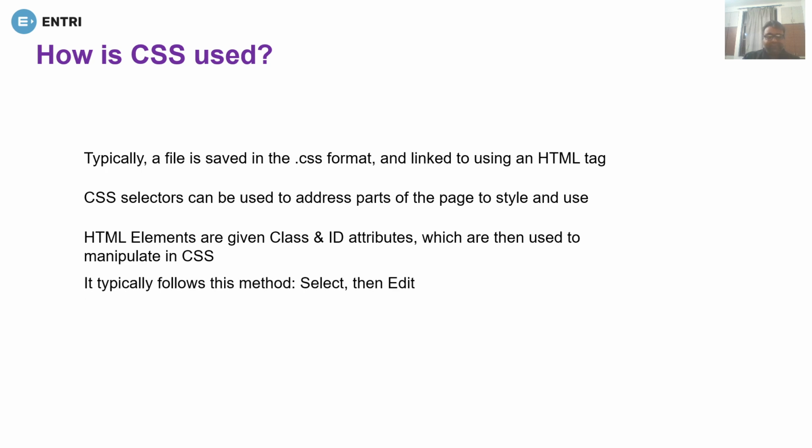That is the way it is done. But primarily, the typical focus which every programmer has is select and edit. So when we talk about a particular selector, like a paragraph, I have to do my coding, think about how it should look, and do that programming on that particular selector or class. So select and edit is the general method which all programmers follow when we are using CSS. Okay.